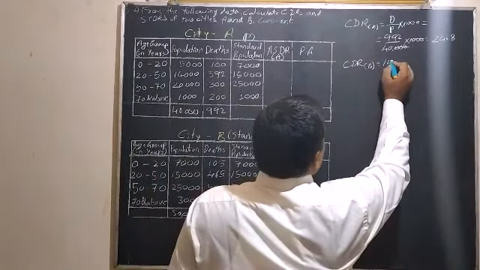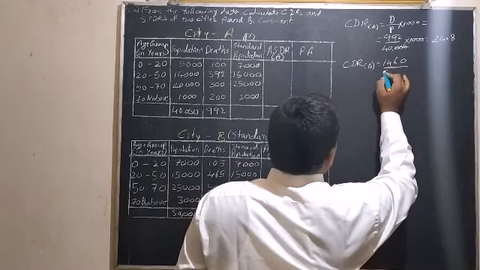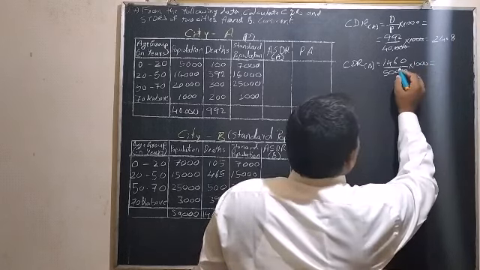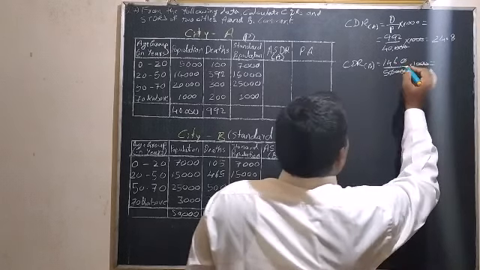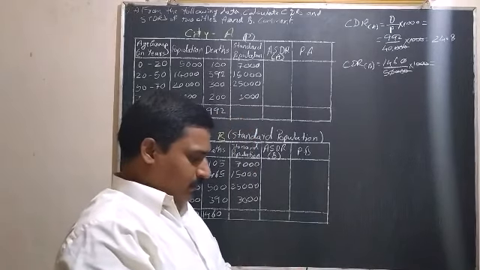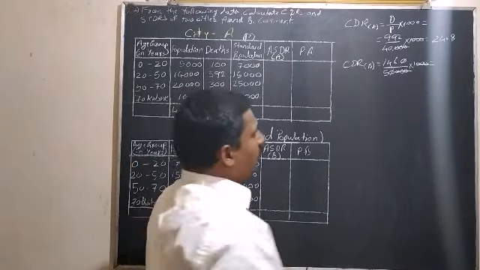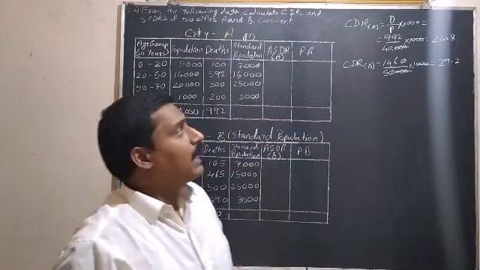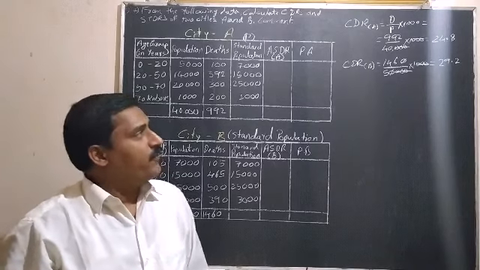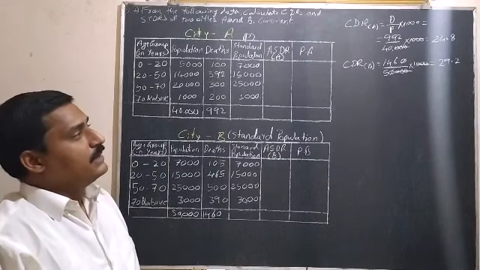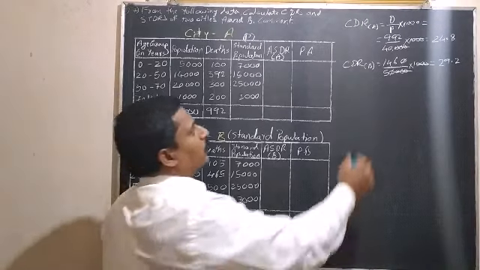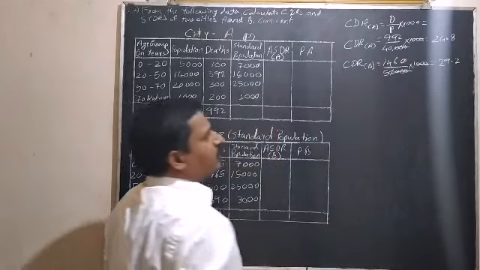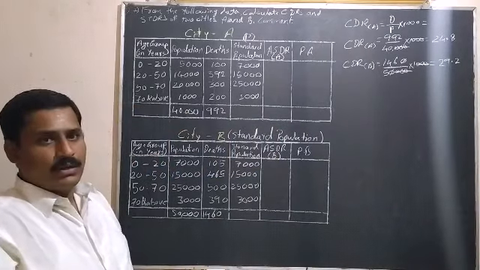So 1460 divided by 50,000 into 1000 is equal to 146 divided by 5, which is equal to 29.2. So CDR for location A is 24.8 and CDR for location B is 29.2. So we'll mention it, CDR for location A is 24.8 and for location B is 29.2.